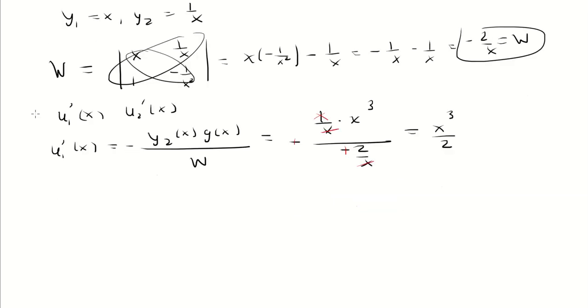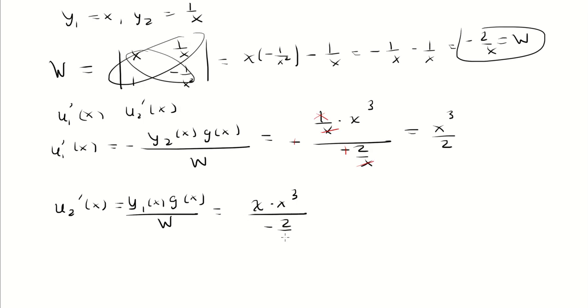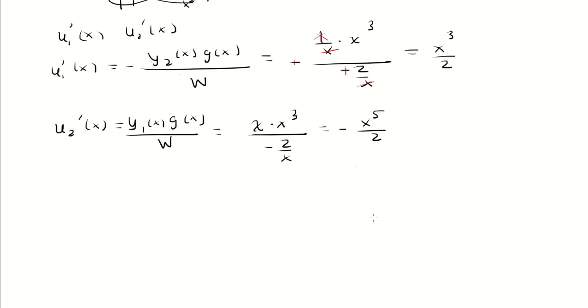And then u2 prime of x, that's y1 of x times g of x over the Wronskian. So it's x times x cubed over negative 2 over x. So that's just negative x to the 5th over 2. Now we have to integrate these.